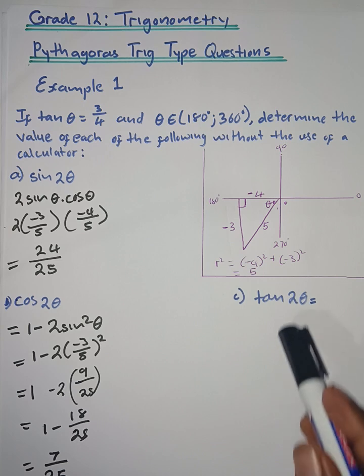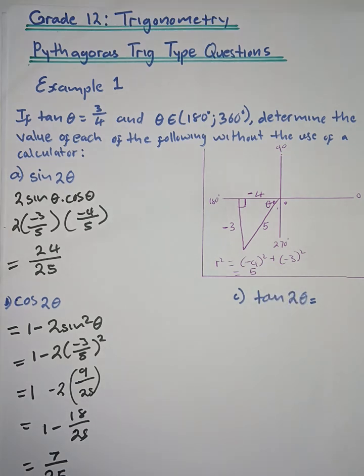They want the value for tan of 2 theta. Now we don't have a double angle identity for tan, but what you should remember from last year is that when we have tan, we can change that to sine over cos.